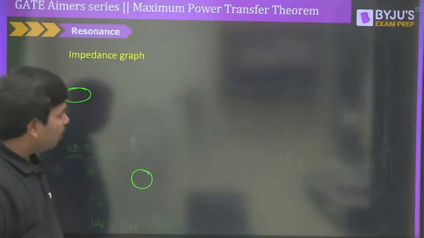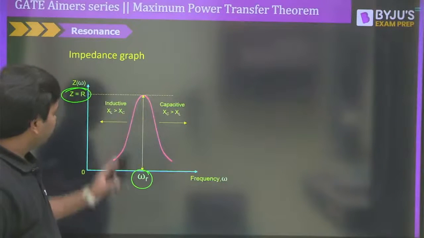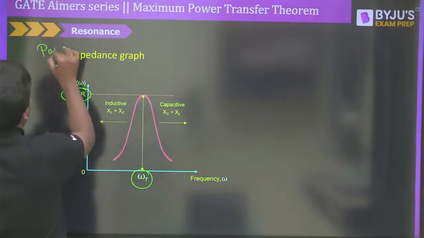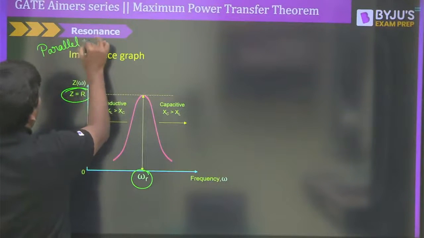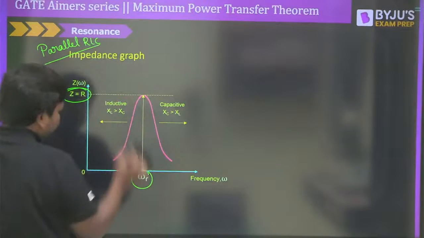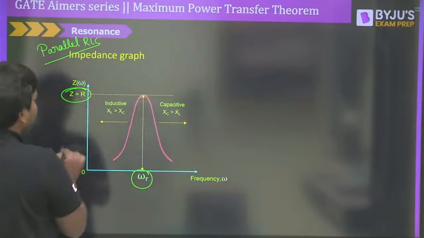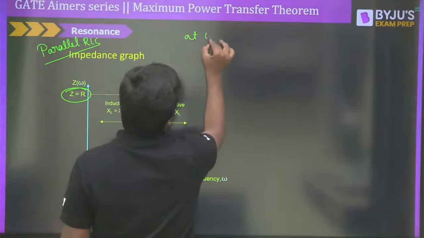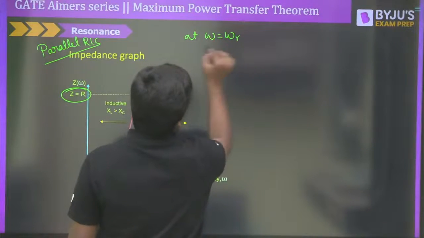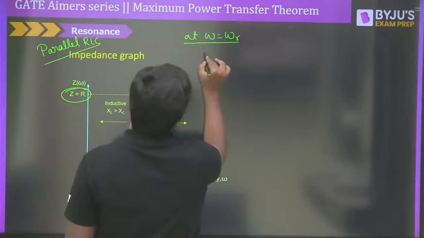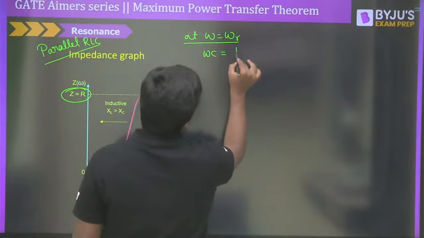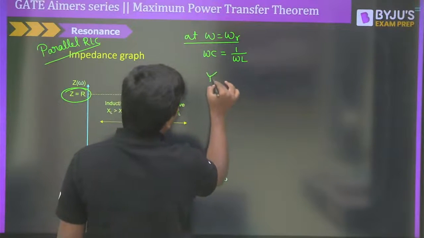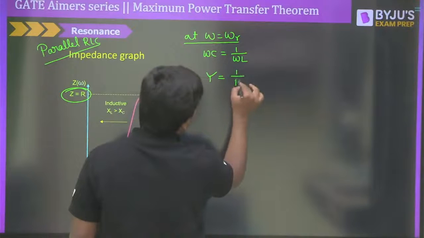Correct? Now, we all can see, especially in parallel resonance, so this is a parallel RLC circuit. What happened? Exactly at omega R, admittance is minimum. So at omega is equal to omega R, we understood that omega C is equal to 1 divided by omega L. This is very fortunate to see, and therefore the admittance is equal to 1 divided by R. Am I correct?